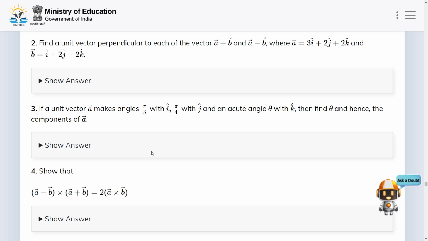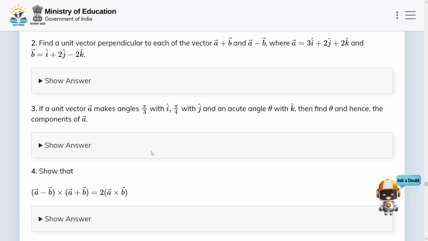Now the second question. Find a unit vector perpendicular to each of the vectors A plus B and A minus B, where A vector is given and also B vector is given. First of all, we have to find the unit vector perpendicular.